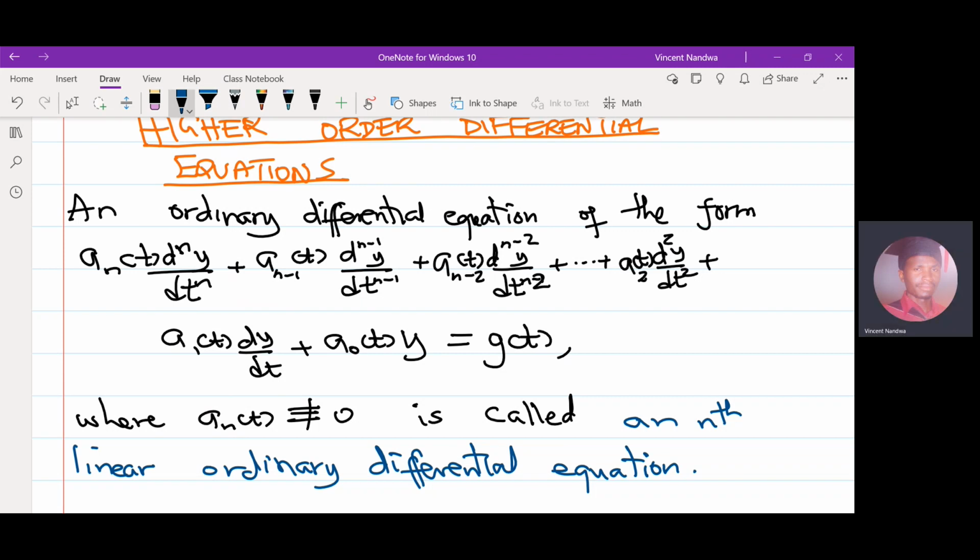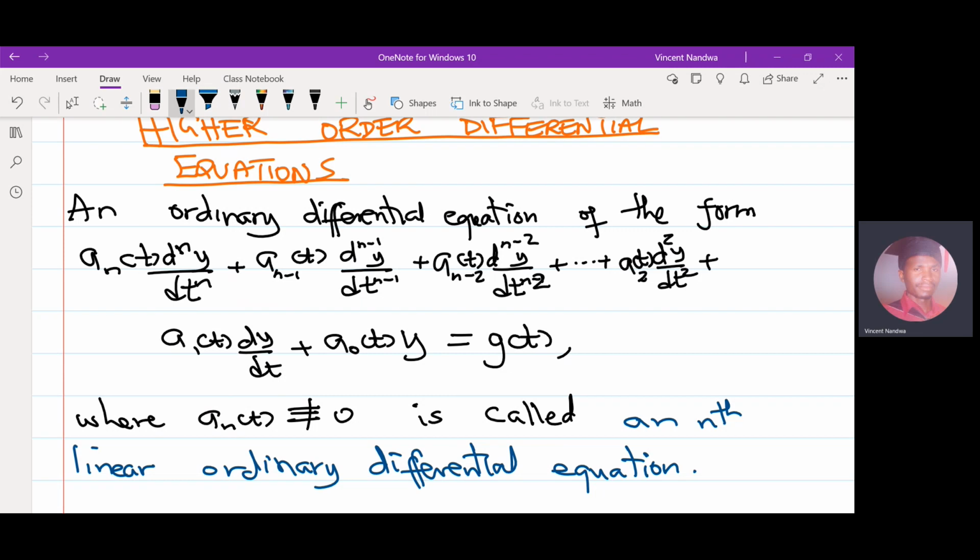So an of t, the nth derivative of y with respect to time, an minus 1 of t multiplied by the n minus 1th derivative of y with respect to t, all the way plus a2 of t, second derivative of y with respect to t, plus a1 of t, first derivative of y with respect to t, plus a naught of t times y equals g of t, provided that the coefficient an of t is not 0.